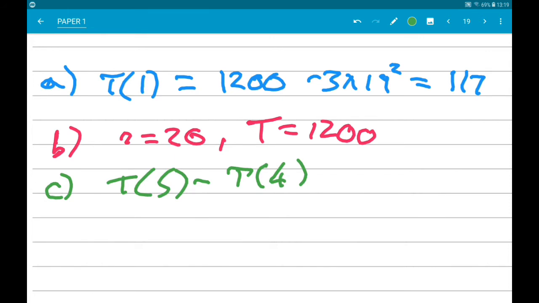So for those, you should get 525, and then minus 432, and that gives us 93 tons.